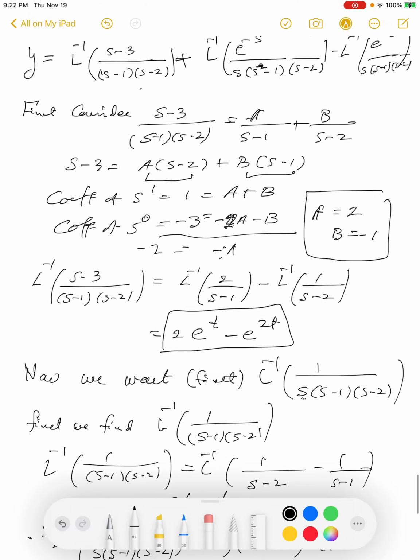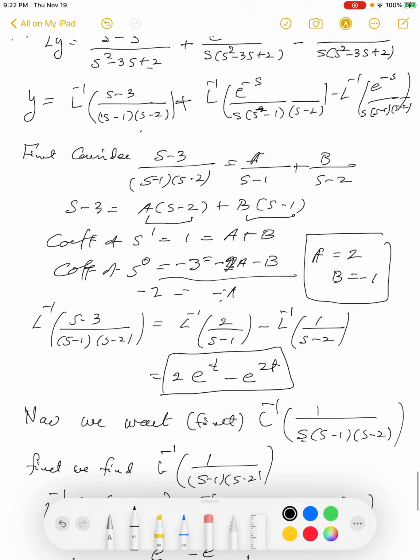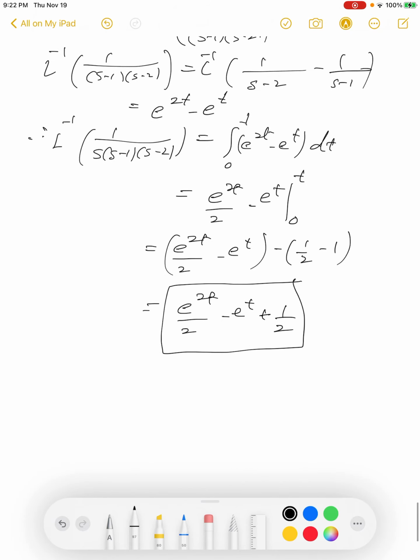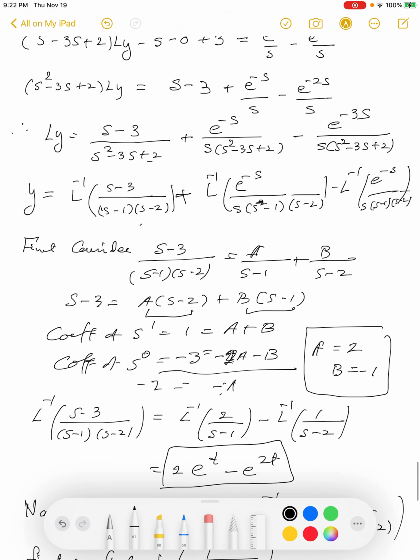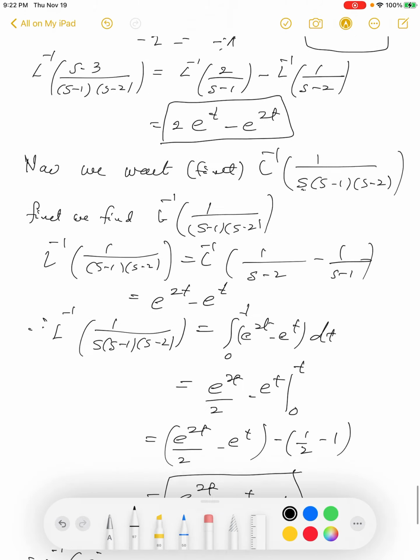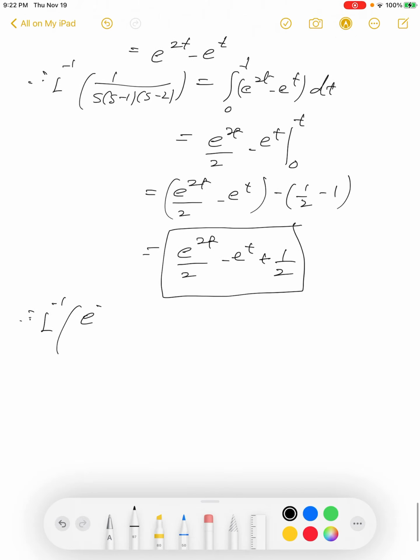So now you need the inverse Laplace transform of e to the minus s over this term. So therefore the inverse transform of e to the minus, what did we have? E to the minus s and e to the minus 3s. So that's not going to be difficult. So e to the minus s over s times s minus 1 times s minus 2.